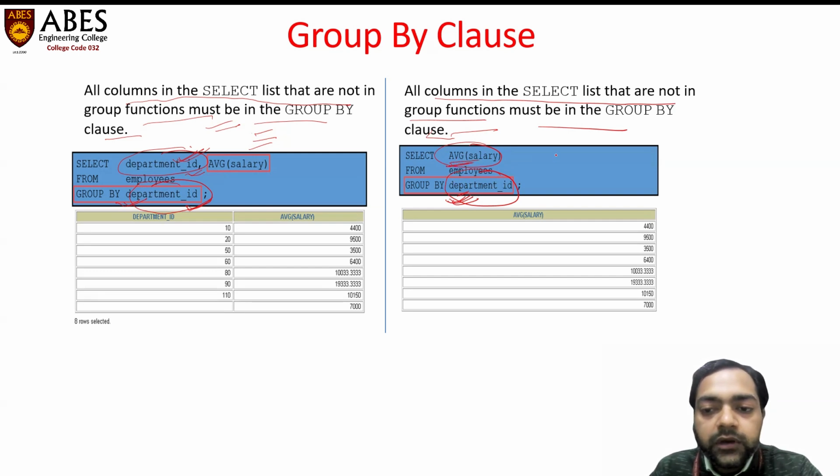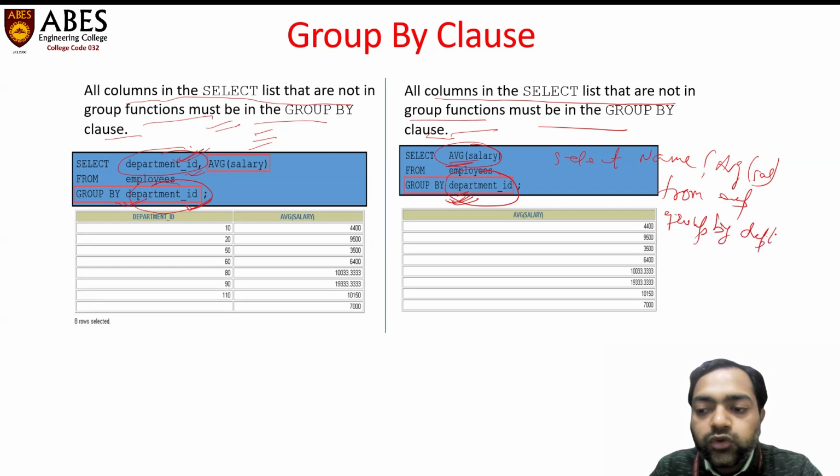But if I am writing, let's suppose, select name, comma, average salary from EMP group by department ID, will it work? No, it will not work. Why?